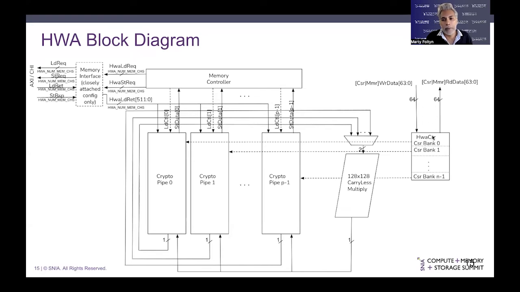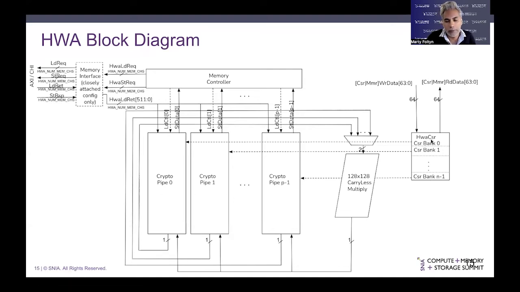But regardless of how that's done, the banks provide control to start and stop operation on these crypto pipes. So there's N banks, there's P crypto pipes, where P can be between 1 to 8. And the banks can be configured such that these pipes can be mapped to a bank.